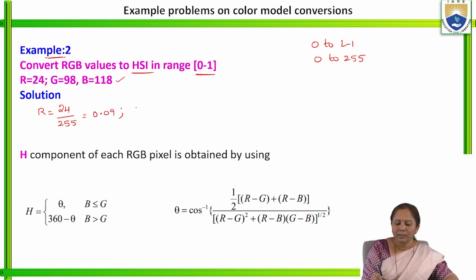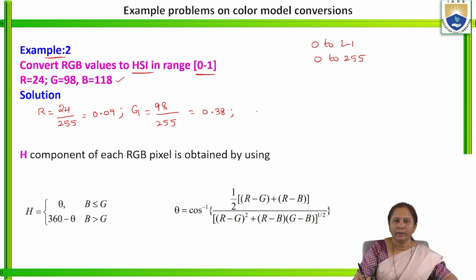And next G, it is given as 98 divided by 255. So then the result is 0.38.